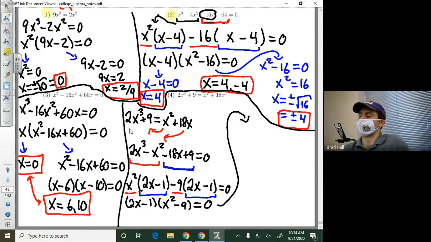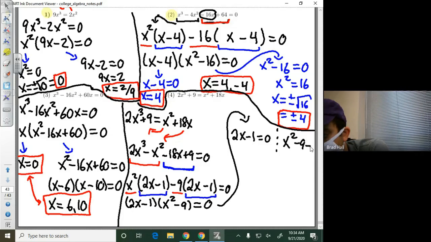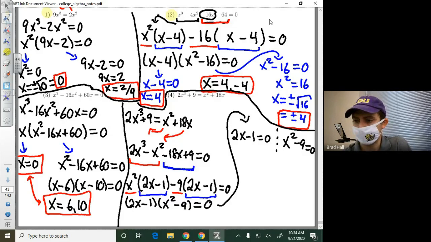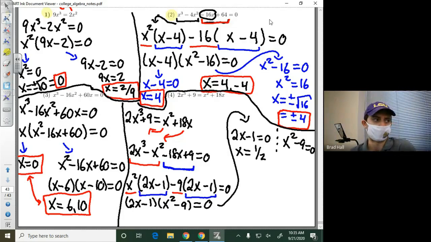And now we have a factorization equal to 0, which means each individual part can be set equal to 0. First one is fairly straightforward to solve for. You just add 1 on both sides and divide by 2.